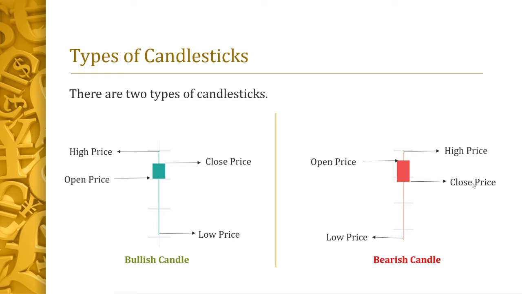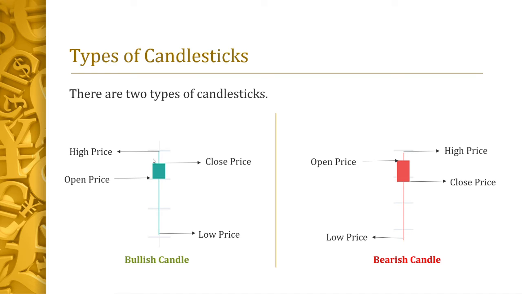So he categorized the data into 2 parts. Those on which the open price was lower than the close price, he called bullish candles. And those on which the open price was higher and the close price was lower, he called bearish candles.